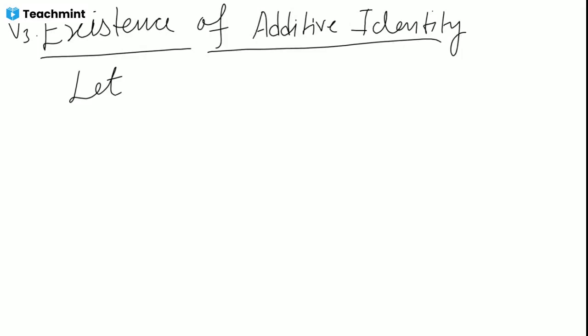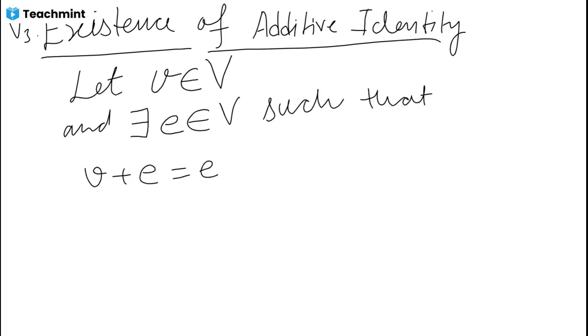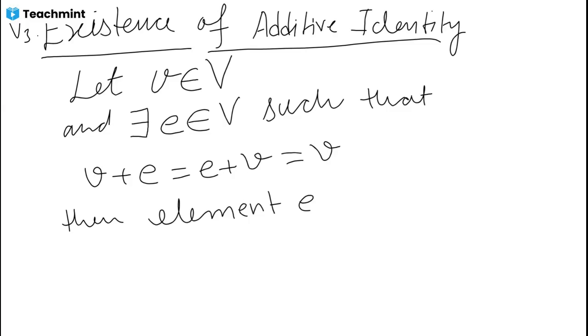Let a vector v belong to the set capital V, and there exists an element E belonging to V such that v plus E is equal to E plus v, which gives v only. Then the element E is said to be the additive identity.